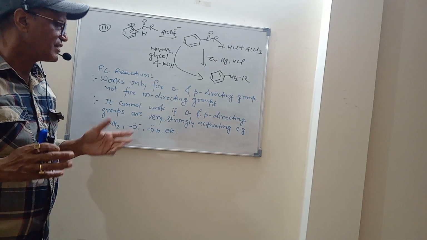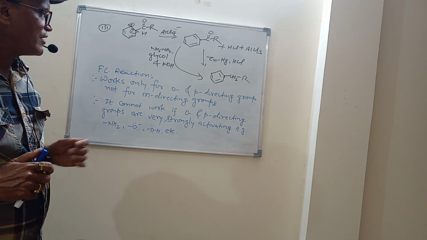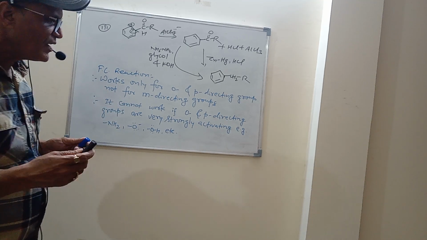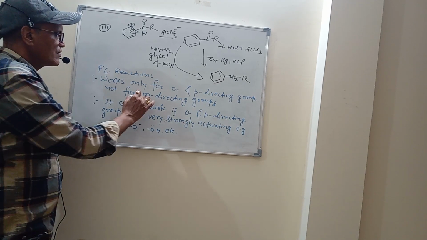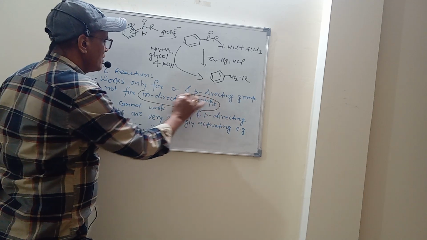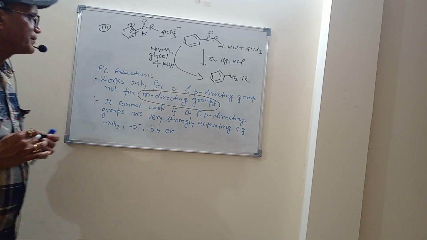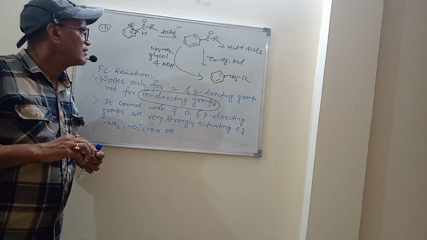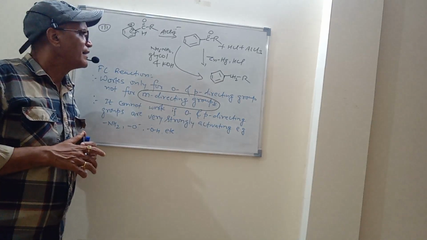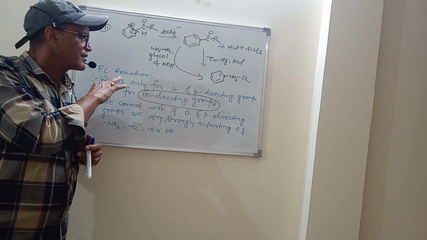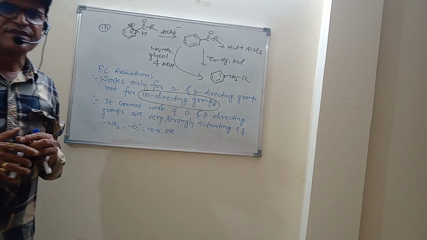Meta-directing groups, for example, carbonyl groups, aldehydes, ketones, cyanides, nitro groups, carboxylic acid and its derivatives. So it will not be applicable in those cases. So that's all in Friedel-Crafts alkylation and acylation, the last example I had considered in case of electrophilic substitution reactions.